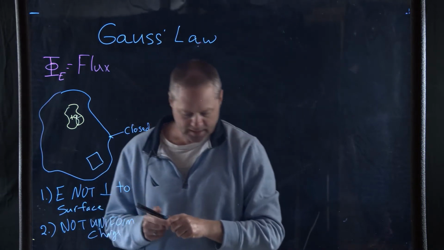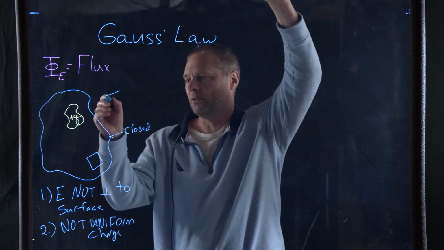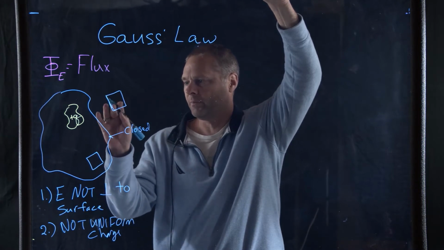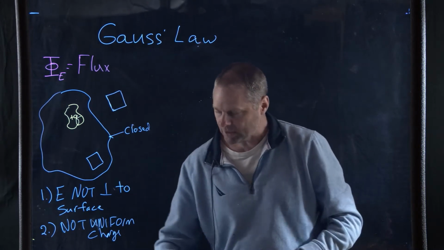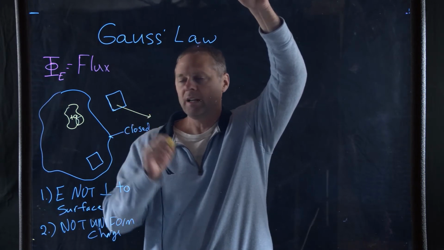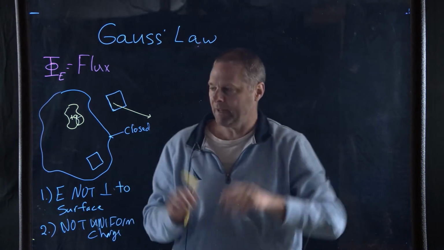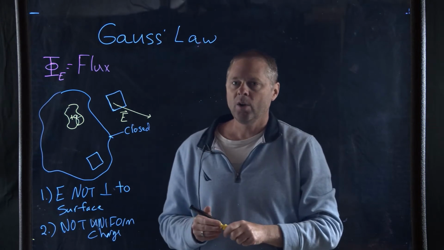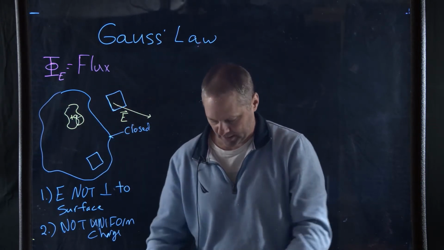So let's take this little piece we have here, and what's going to emanate from it is the electric field, radiating from this point charge through the surface we just selected.